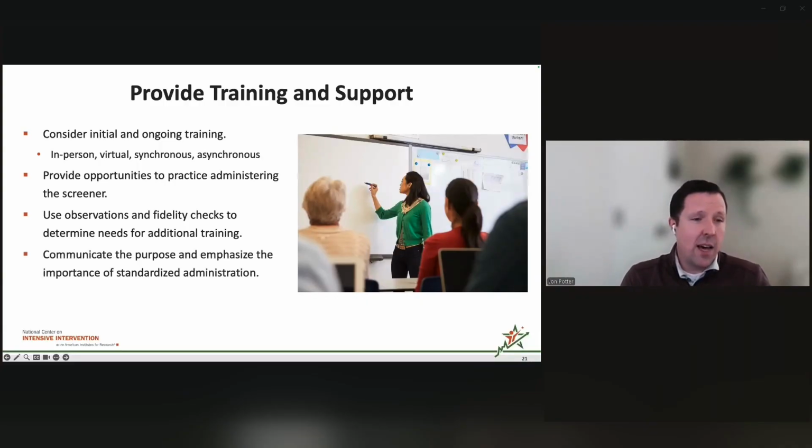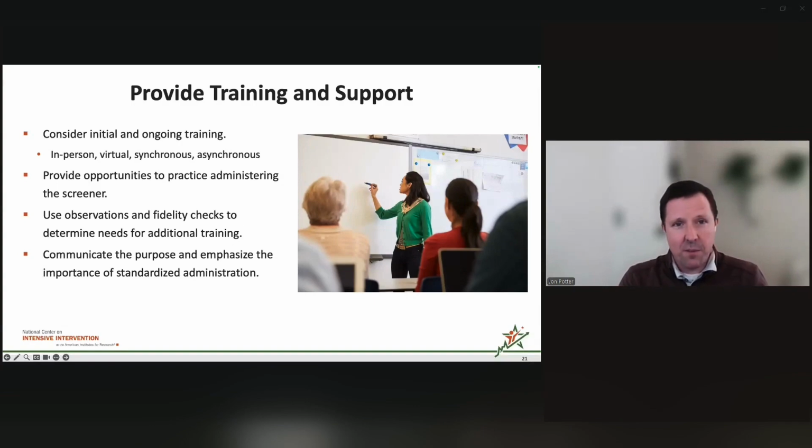And then it's really important to communicate the purpose of screening with all of your staff, especially those delivering it, and really emphasize the importance of standardized administration. All these assessments are designed to be delivered in a standardized way, because we know a score is reliable and valid if it's delivered in a standardized way.